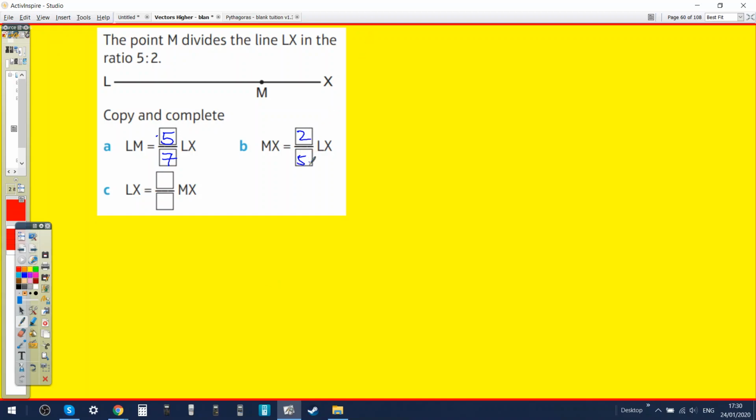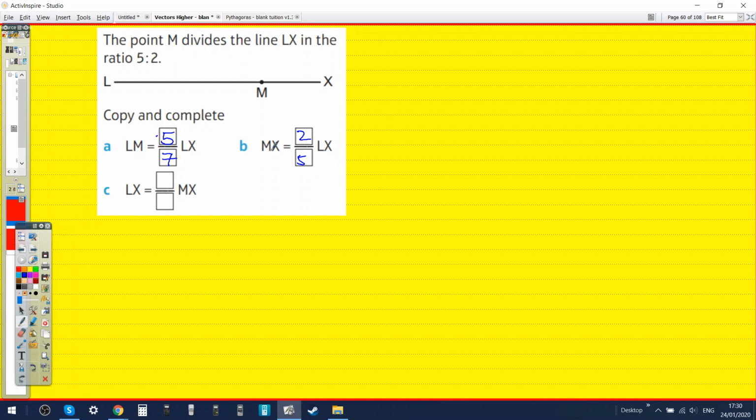And so what is part C? 2/7. You have to make it the subject. So MX equals 2/5 LX. How could you make LX the subject? Sorry, shouldn't it be 2/7 instead? Sorry, 2/7. Yeah, sorry.